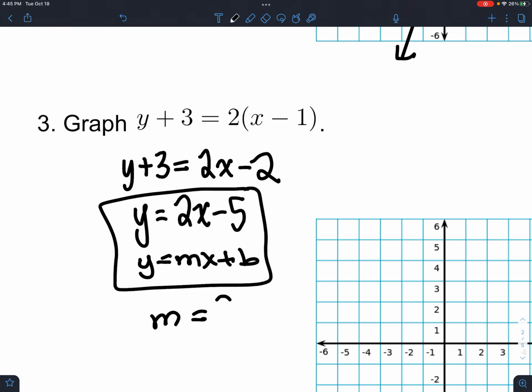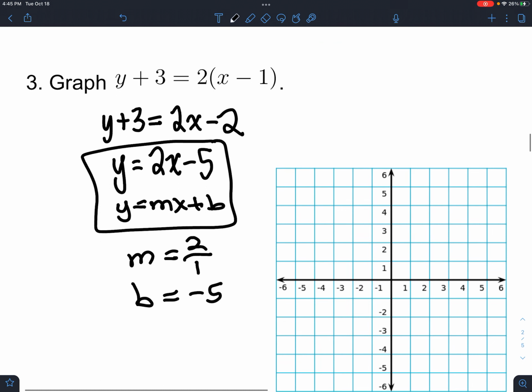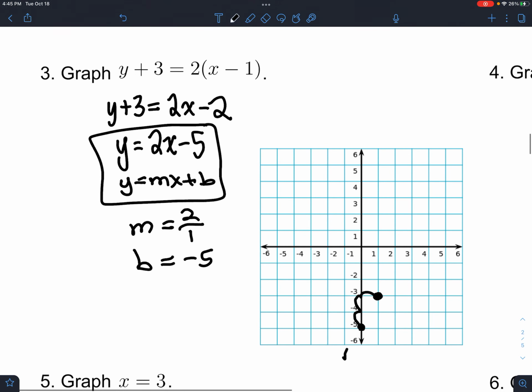See that? Perfect, great. That means the slope is 2, and it means b is minus 5. So if I go to minus 5 and go up 2 over 1, I have my line. Perfect. Okay? So very viable, very fine.